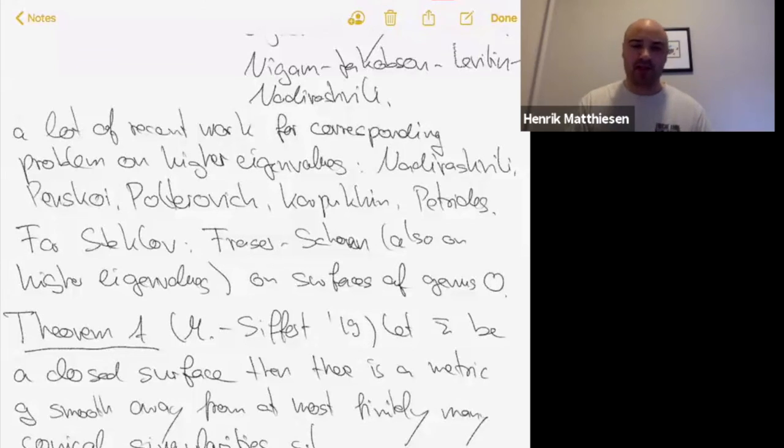To the best of my knowledge, these are new examples of minimal immersions, because you know something on the growth of the area, which I think is not satisfied by any other known family of minimal surfaces. But let's not get into that.